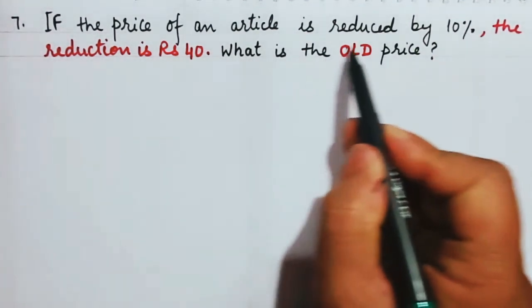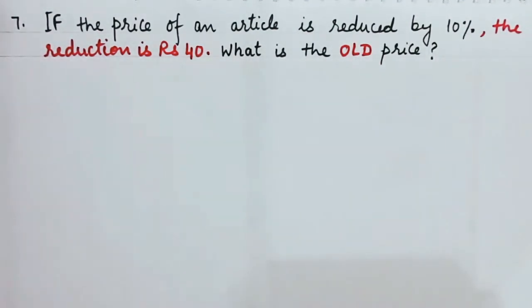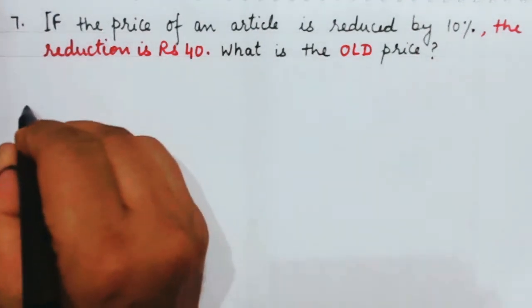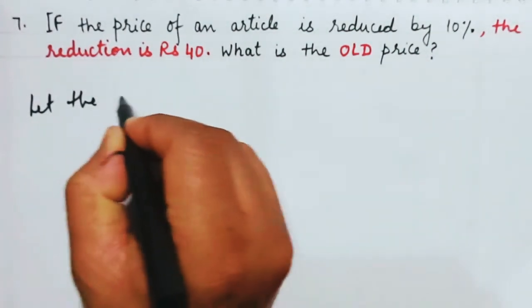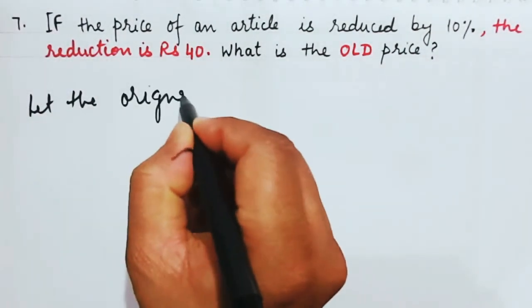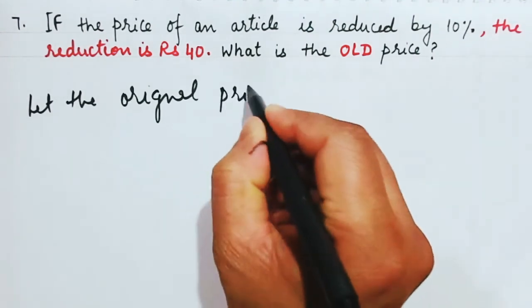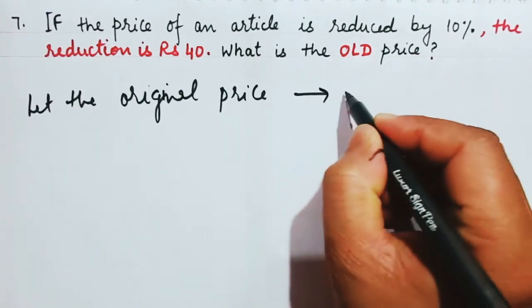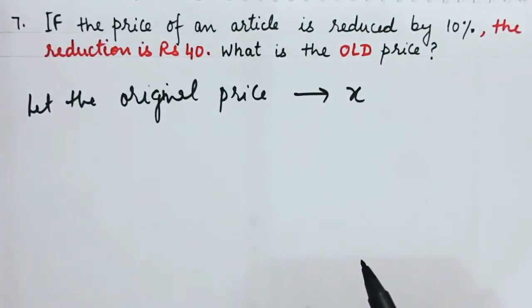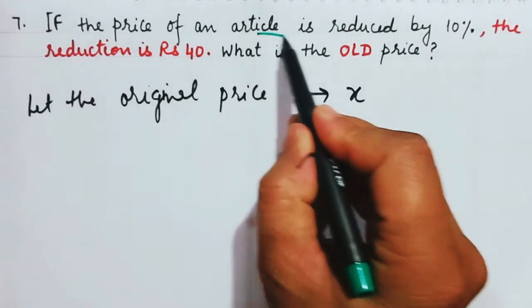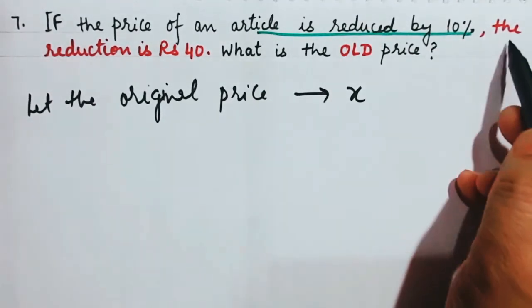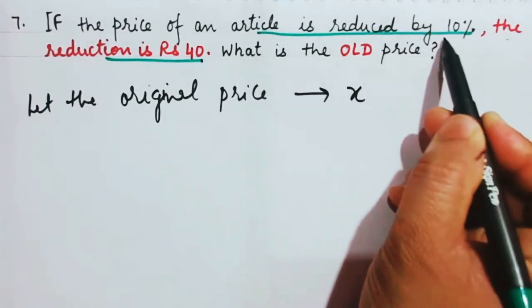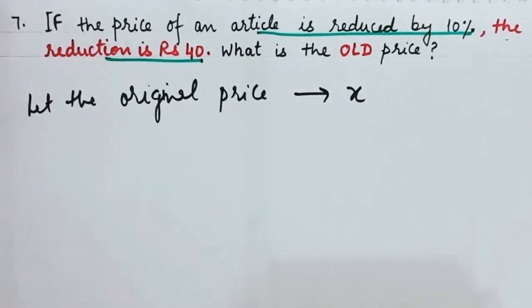So if the price of an article is reduced by 10%, means if I take the original price, let the original price of the article be rupees X, then if the price is reduced by 10%, the reduction is 40, means 10% of this particular amount.